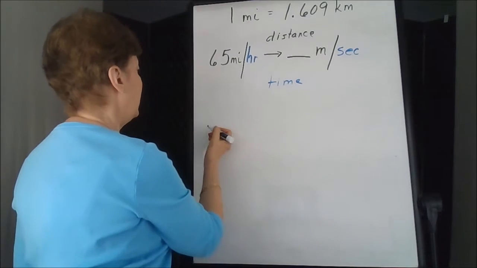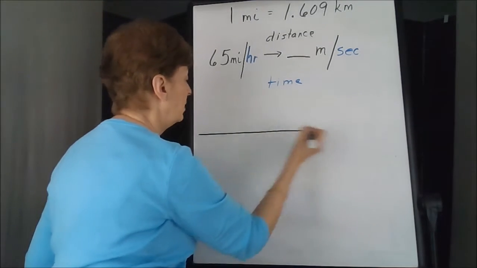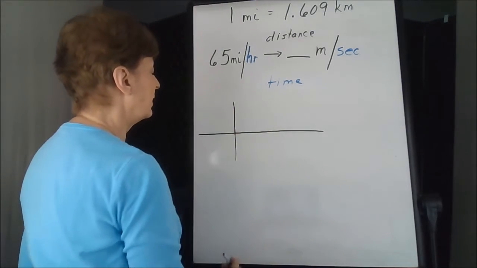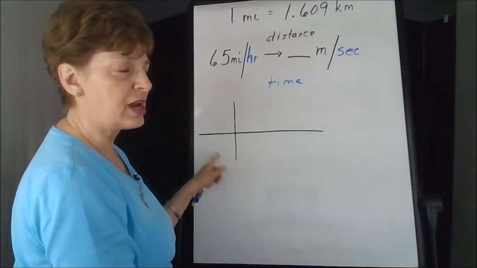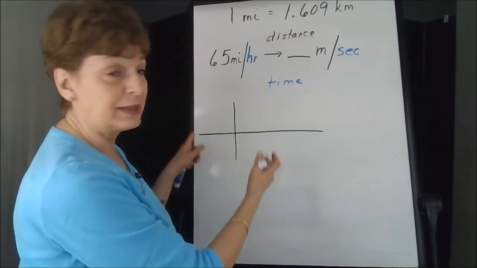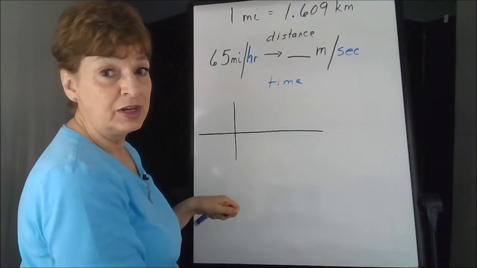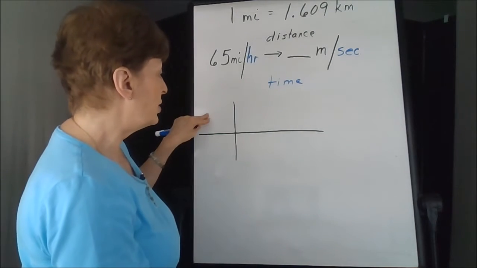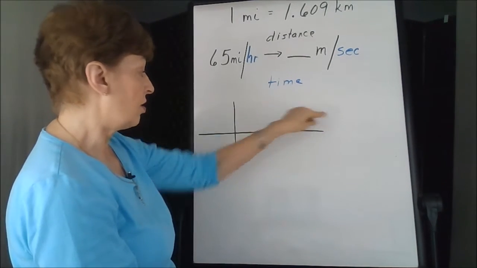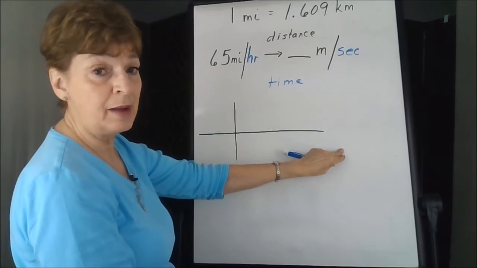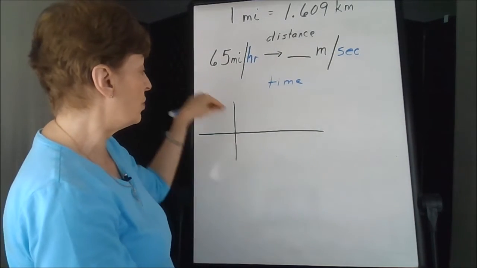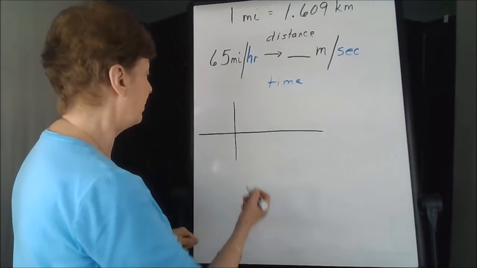Let's go back to our handy-dandy grid, because this is really a lifesaver. We don't have to think about, should I multiply, should I divide? By placing the items on the grid, you know that you're going to be multiplying across for the denominator, but if you're going to be canceling, you do one on the top, one on the bottom.